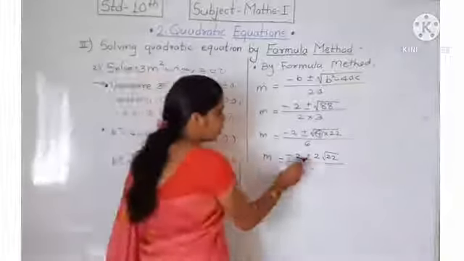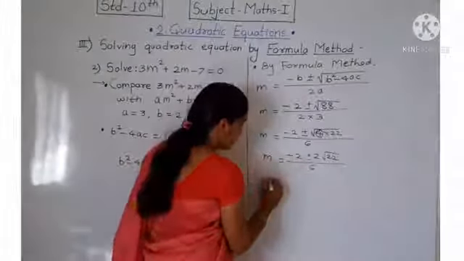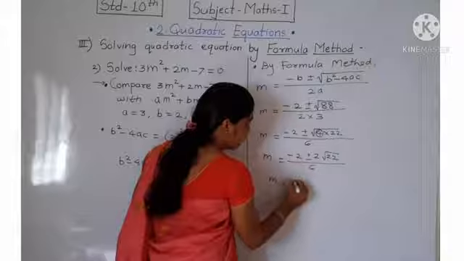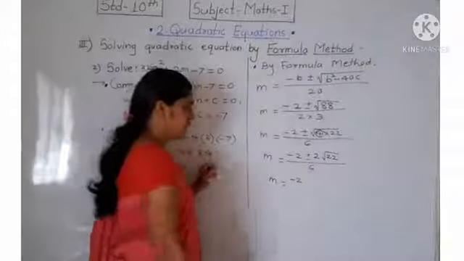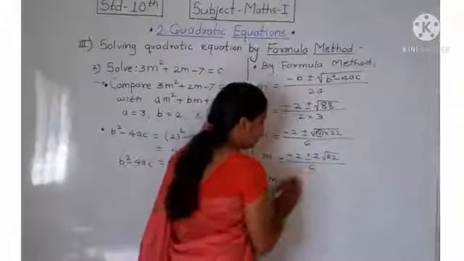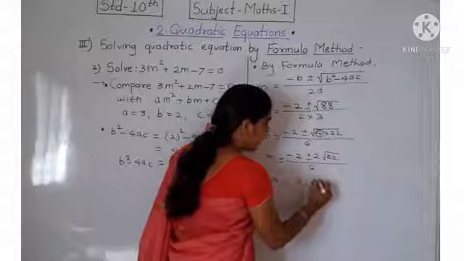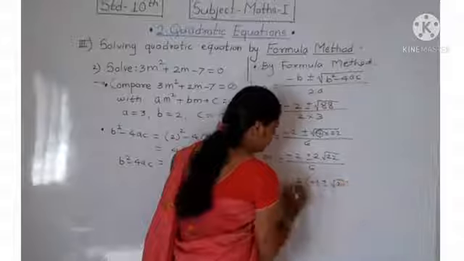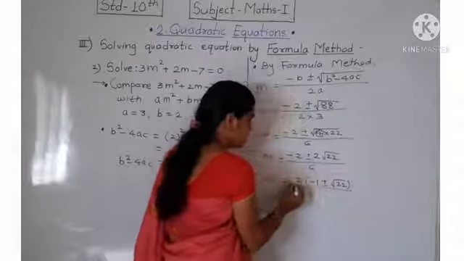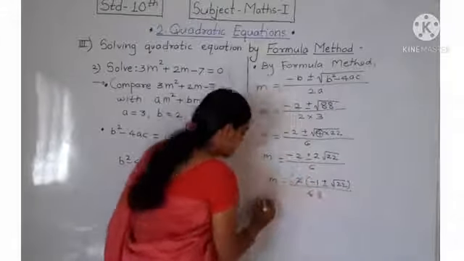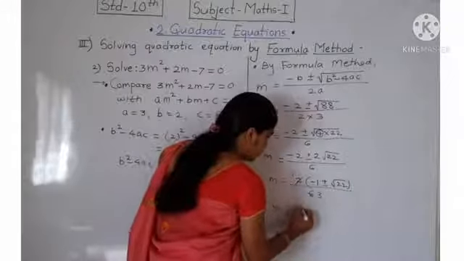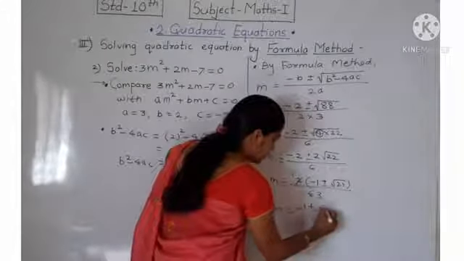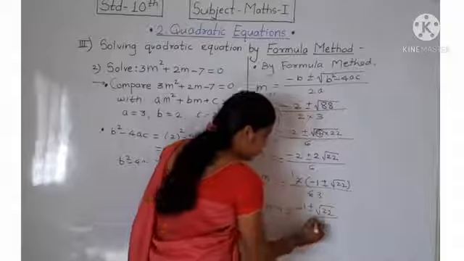Now here observe that in the numerator 2 is common. m is equal to minus 2, take 2 common. Minus 1 plus or minus root 22 upon 6. 2 1s are 2, 2 3s are 6. Therefore, m is equal to minus 1 plus or minus root 22 upon 3.